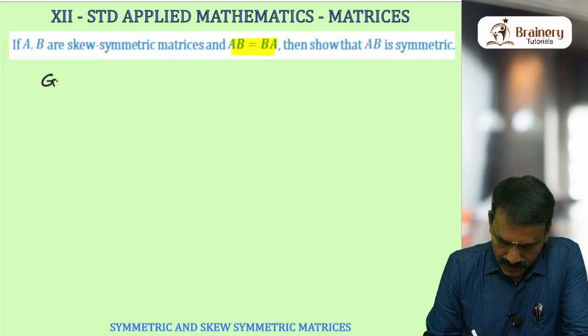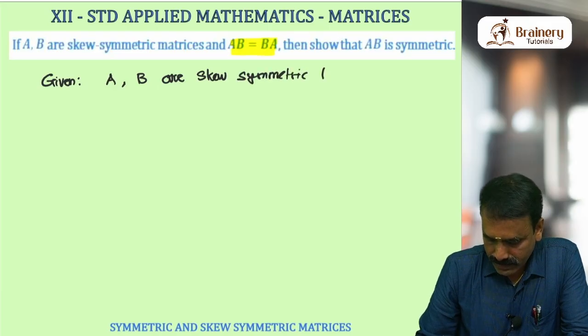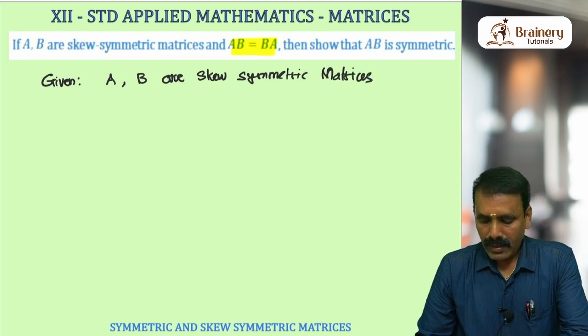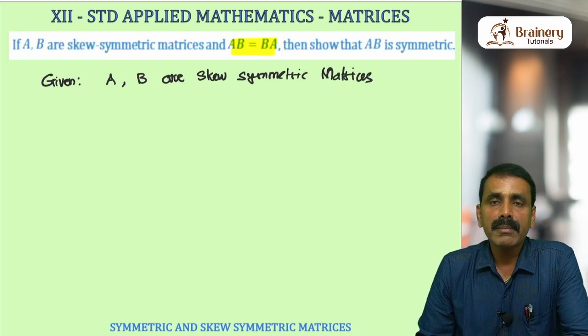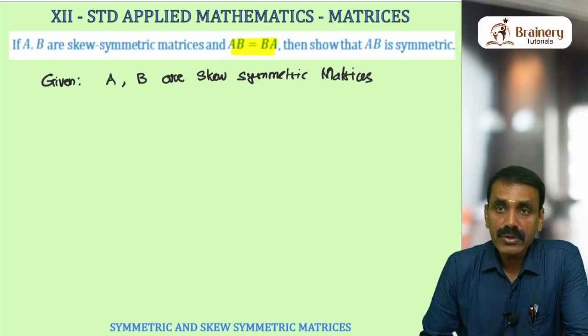Given A, B are skew symmetric matrices. In that case, what do we know about a skew symmetric matrix?